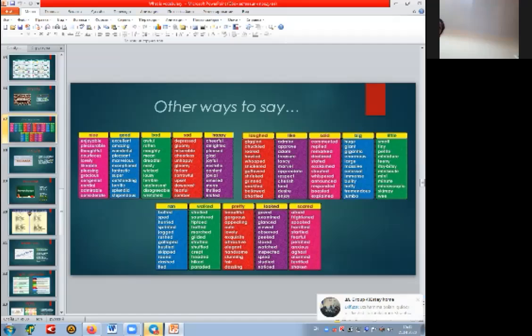And here you can see the list of synonyms. For example, in order to say good, in other words, excellent, amazing, wonderful, super, splendid, and others. In order to say bad, awful, naughty, mean, dreadful, nasty, and others.